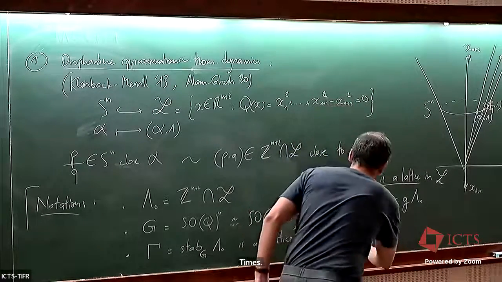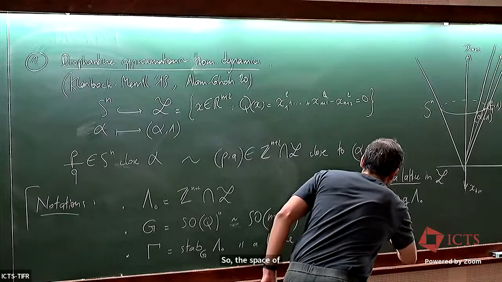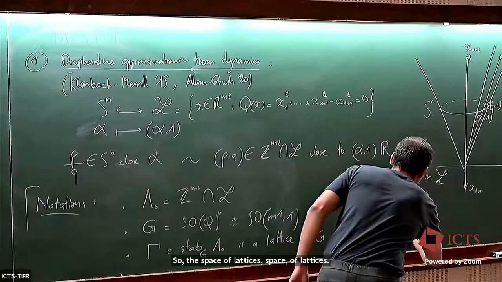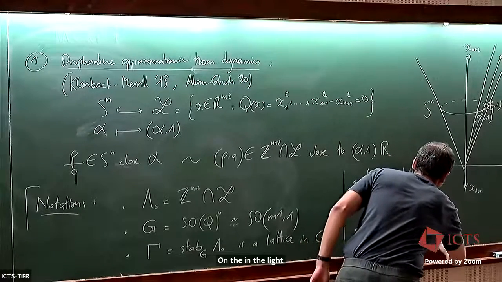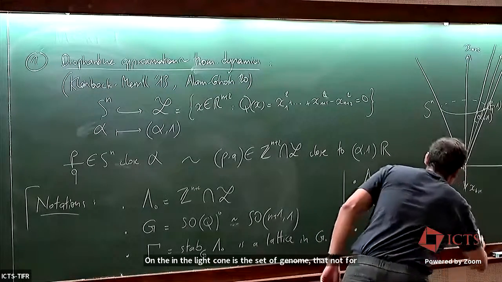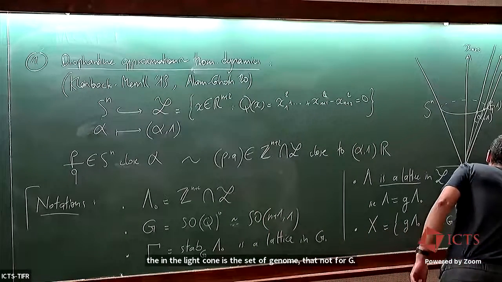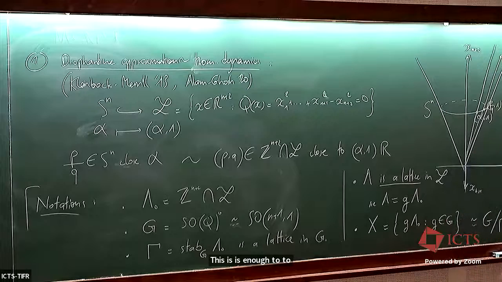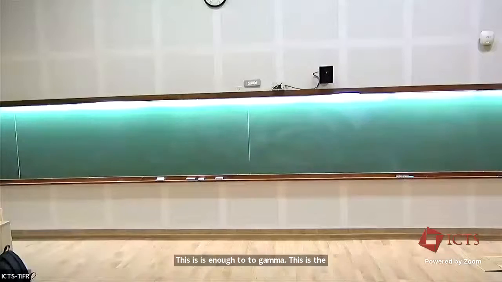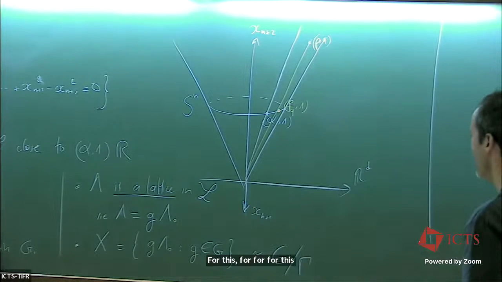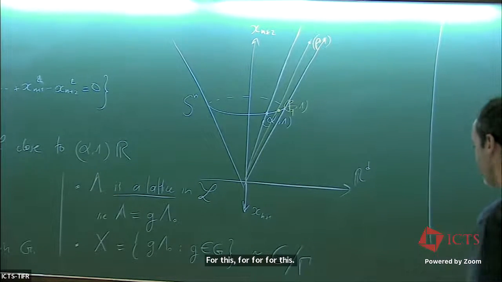So the space of lattices in the light cone is the set of g Lambda naught for g in G, capital G. This is isomorphic to G mod Gamma, and this is the homogeneous space I want to study.